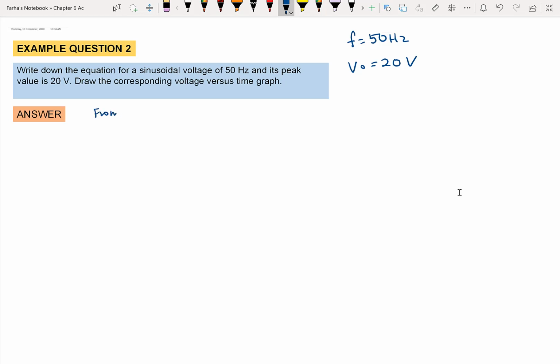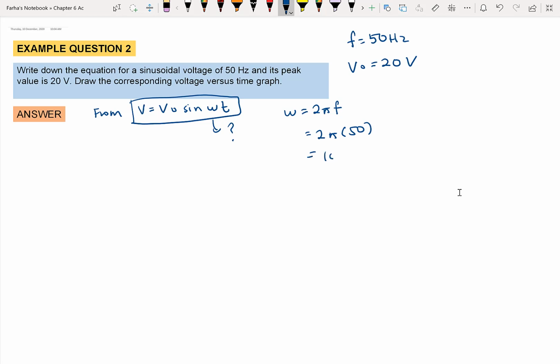From V equals V0 sine omega t, we need to find the angular velocity, which is omega. Omega equals 2 pi f. The frequency is 50, so omega is 100 pi.